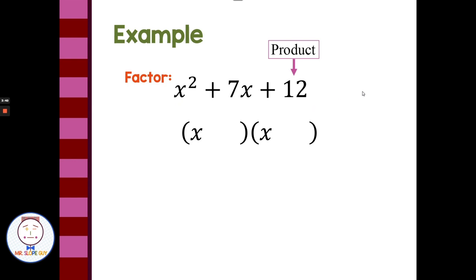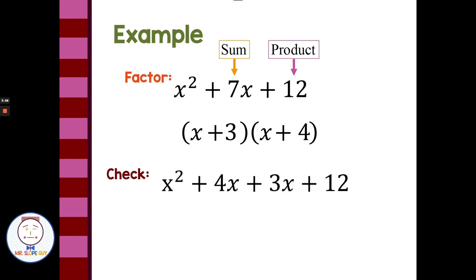I think I can do this one in my head without a table. 3 times 4 gives me 12, and 3 plus 4 gives me 7. So my factored form is x plus 3 times x plus 4. I can always check that by multiplying and combining like terms, and I get back the original problem. So my factored form would be x plus 3 times x plus 4.